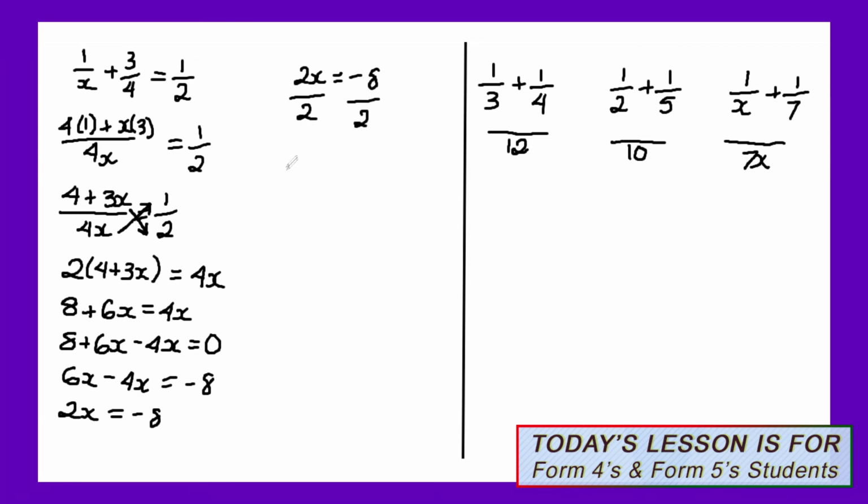And in our next line, we know that 2x divided by 2 leaves us with x. And we know that -8 divided by +2 would give us a negative answer, and that negative answer would be -4. So here you have it, the solution for 1 over x plus 3 over 4 equal to 1/2 would be x is equal to -4.